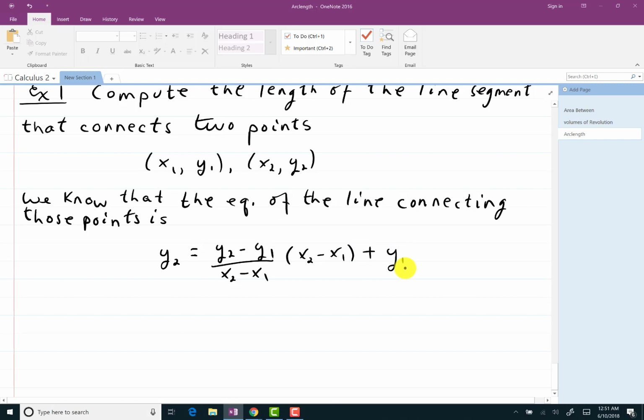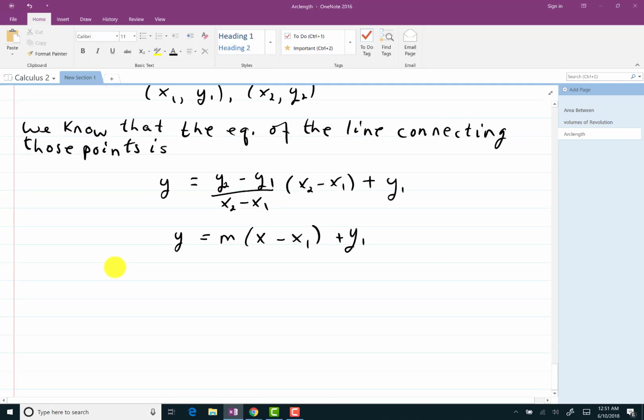Now I want to change this to any equation, so I'm going to change this y2 to just y. You can actually change any of them to y if you want to. Actually, you know what? I'm going to leave this y2 there because this, you probably realize, is m. But the x2 I'll change to just x because I want to be able to vary it. So you get a formula something like this.